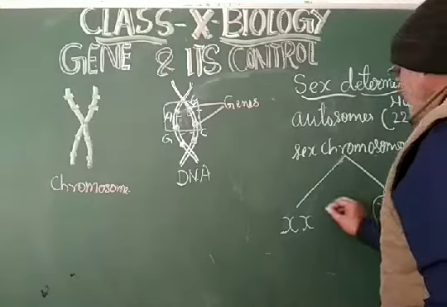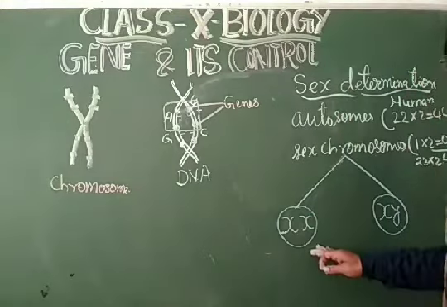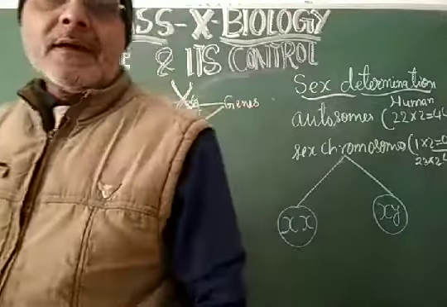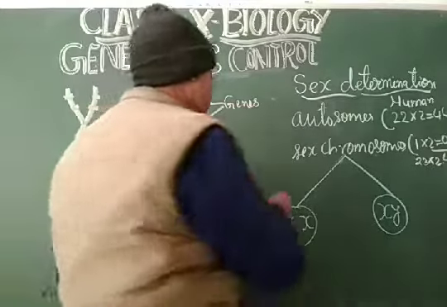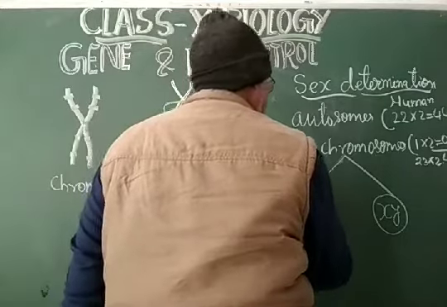So the XY pair is heterozygous and the XX is homozygous. If homozygosity of the X chromosome is there, then there will be the chances of female. This is the female and this is the male.